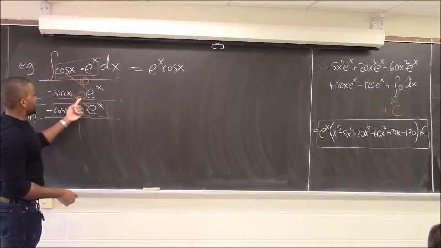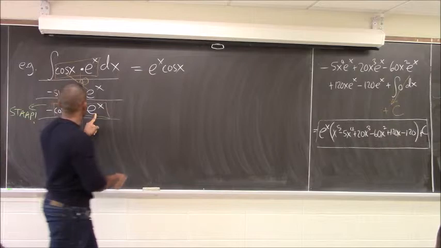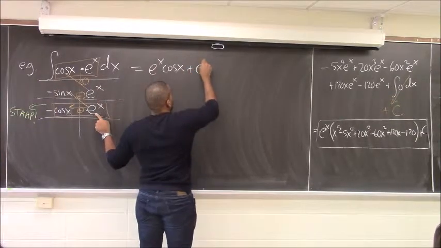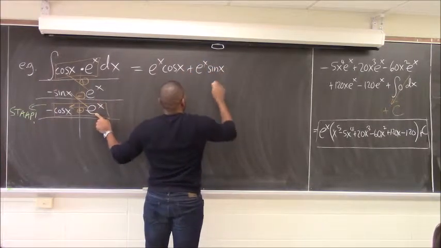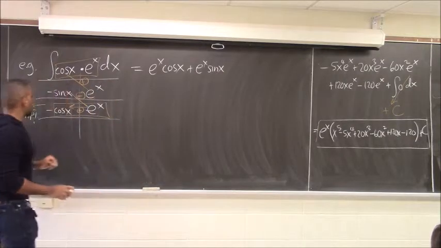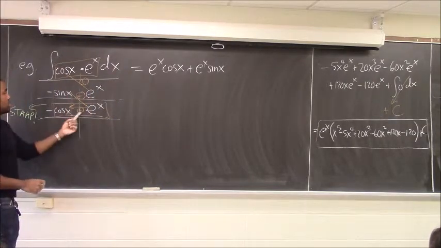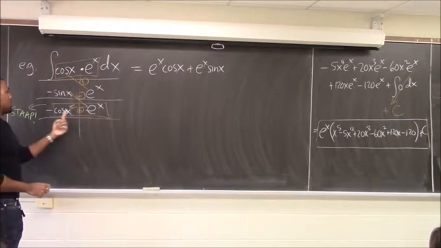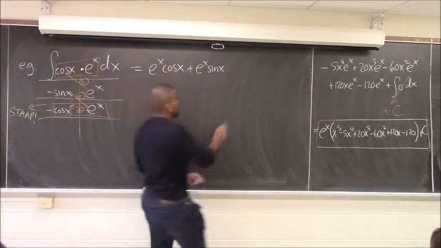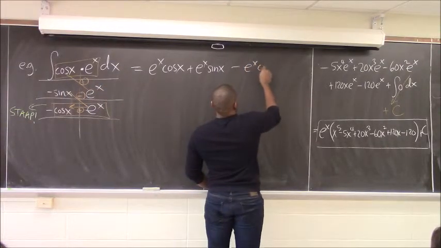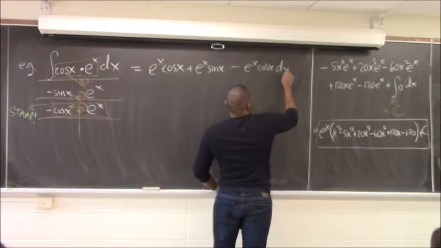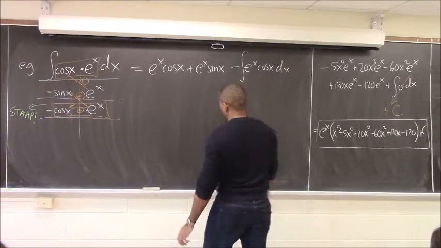It's negative sine x times a negative makes it a positive times e to the x. And going across here, it's positive e to the x times a negative cosine of x. And on the last one, you integrate.